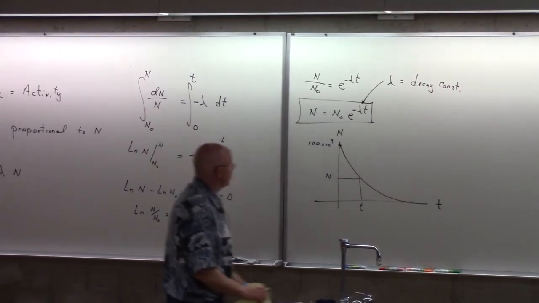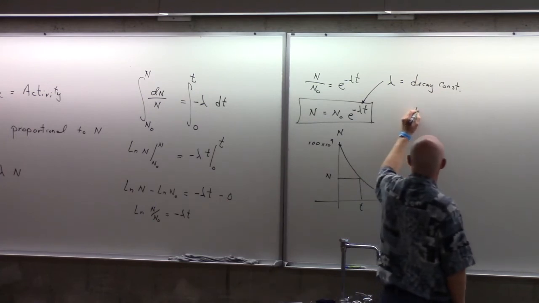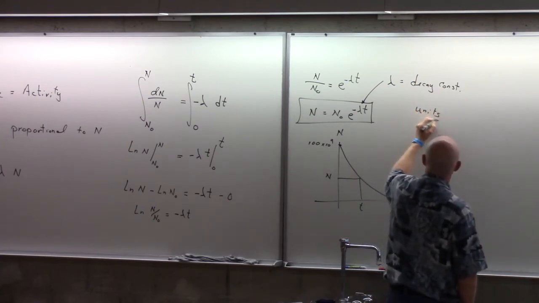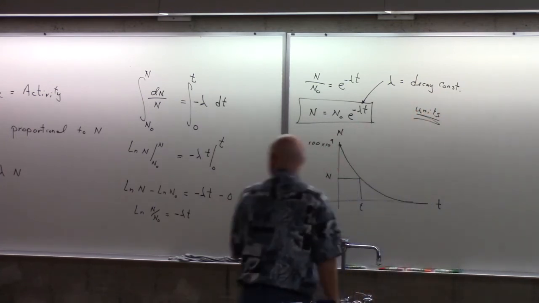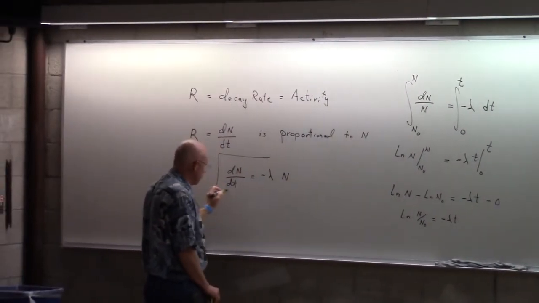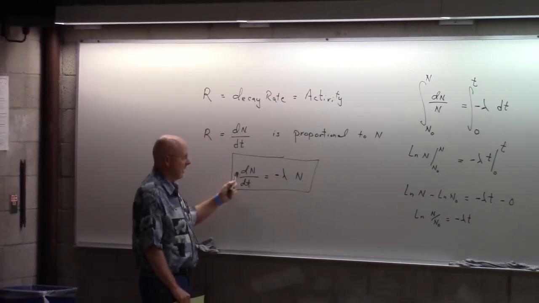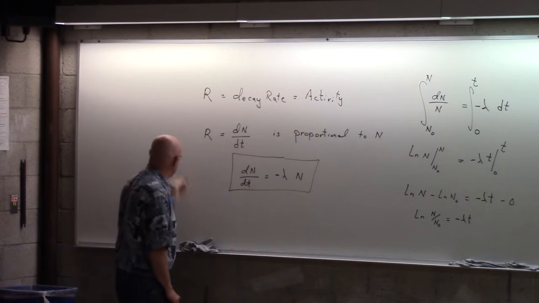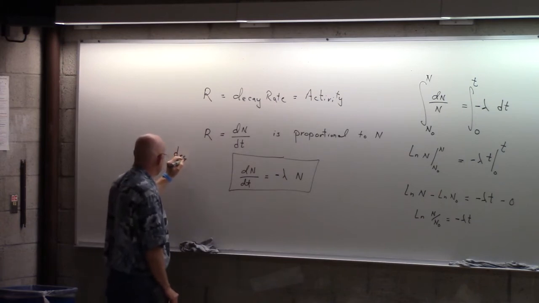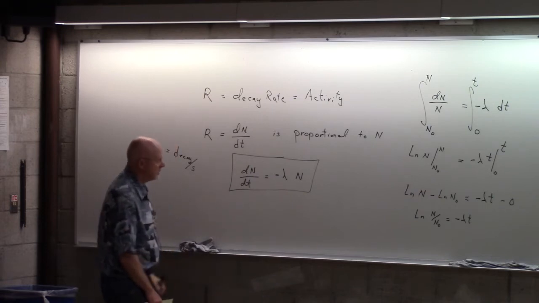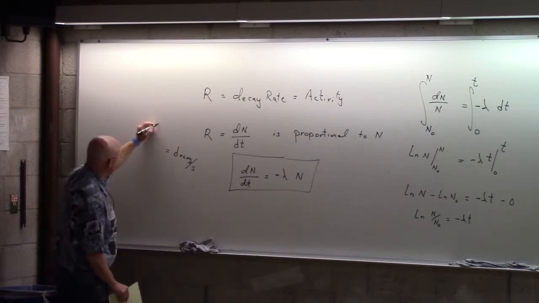Now, it might be a good point to talk about the units. You can see it in this equation, but you might see it a little better in this equation. You're talking about a number per time. How many decays per second? Decays per second. And we can list that in two ways.